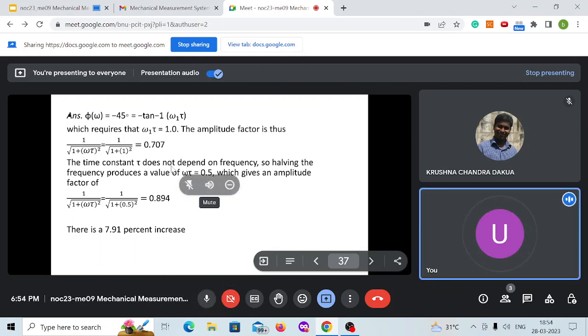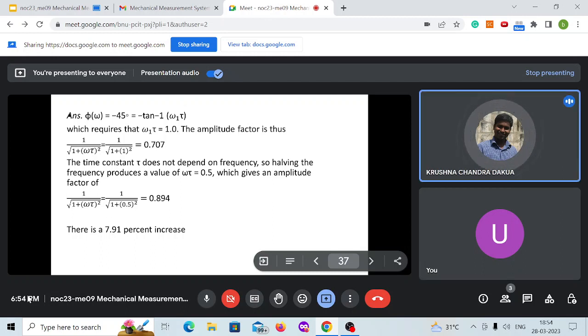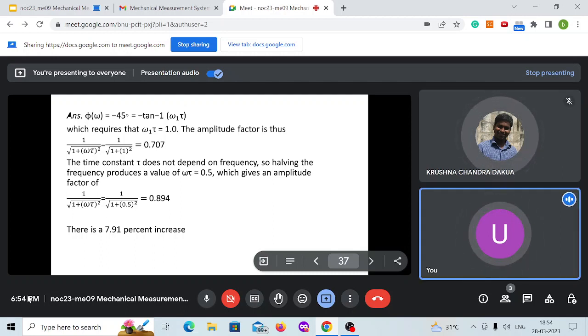So if the frequency reduces by half, there is an increase of 7.91% in the amplitude. That's what we can infer from this question. I hope this is clear. Okay, sir. We'll move to the next question.